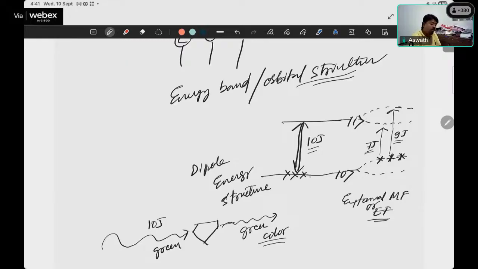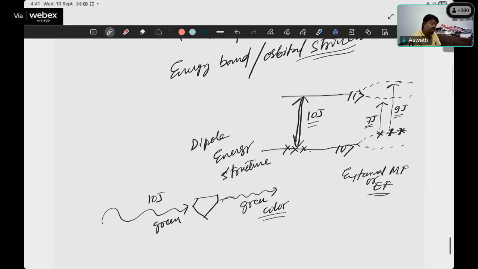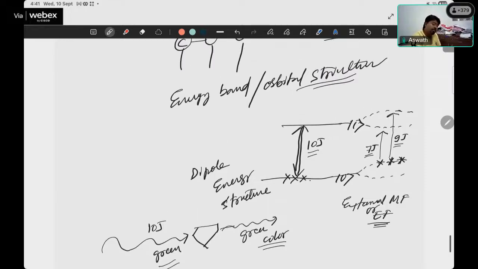Now when I send the same green light when the external magnetic field is there, what happens? The electrons here will attract only 9 joules, but electrons at the bottom can exactly jump to the external level.